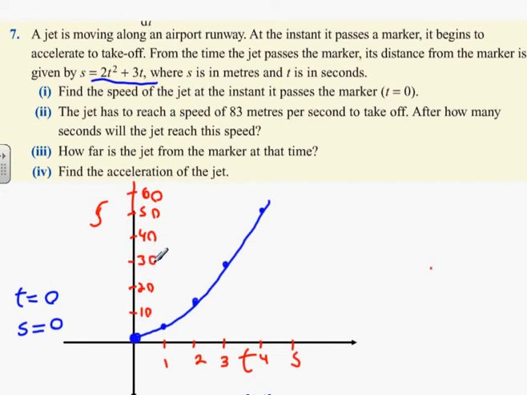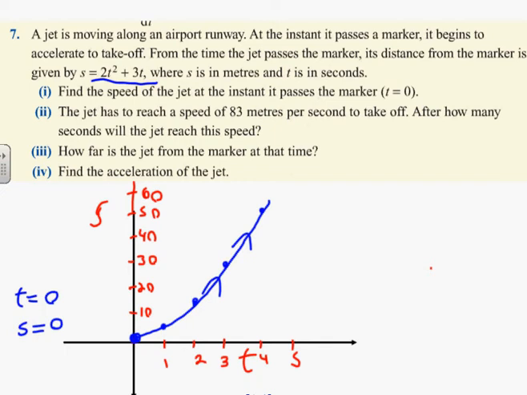The faster it gets, the more quickly it gets away from its starting point. So it's going to get steeper and steeper, because you're increasing your distance faster and faster and faster. That's why it's a U-shaped curve. Everybody alright with that? Eventually, if they're going so fast, it'll appear near enough straight up on your diagram.